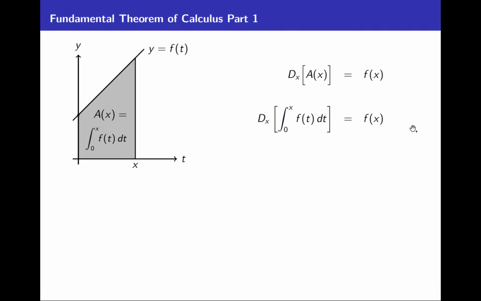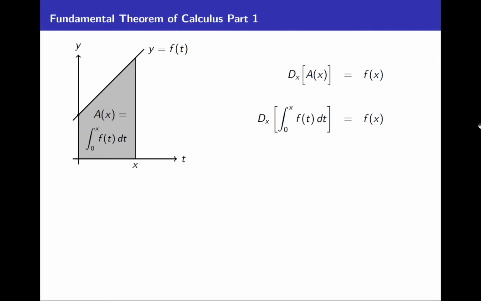This statement, in essence, is the Fundamental Theorem of Calculus, Part 1. The only difference really is that you may not have 0 as the left-hand edge of your area. It could be some other number a. The Fundamental Theorem of Calculus is going to say that the derivative of the integral from a to x, f of t dt, equals f of x.